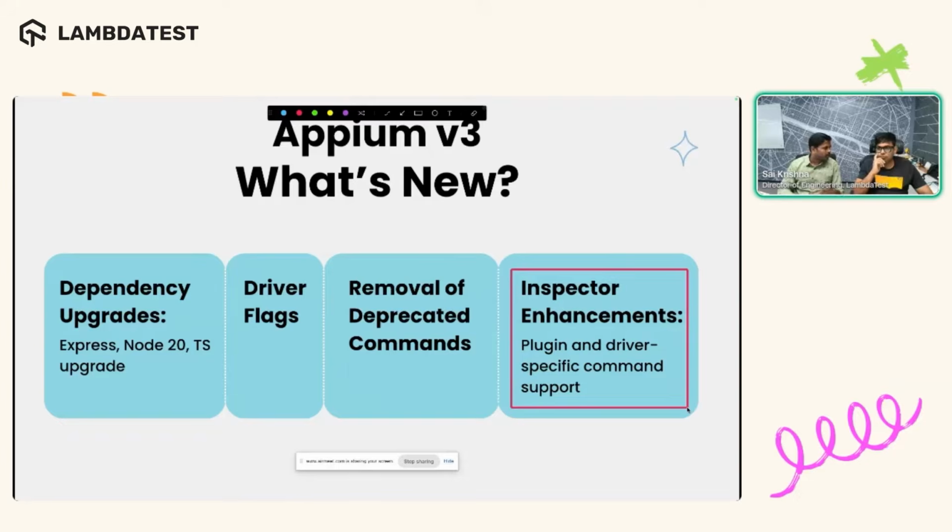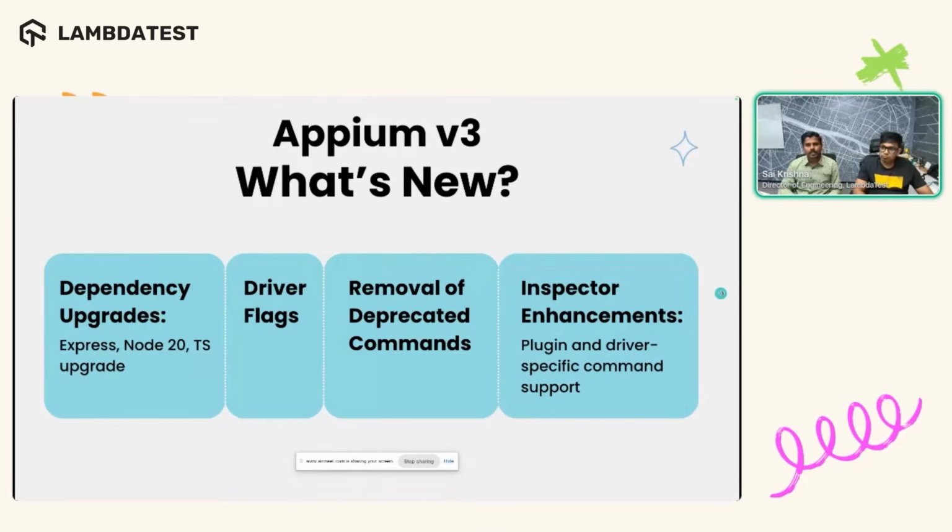Then we have to go through quite a lot of security approvals. So now in Appium 3, it is moved from just a desktop package to a plugin. So we can install Appium Inspector as a plugin. That's also wonderful in terms of user experience. We will also see how it looks.